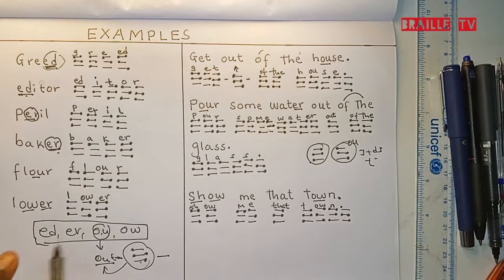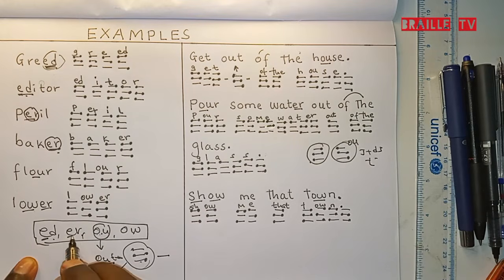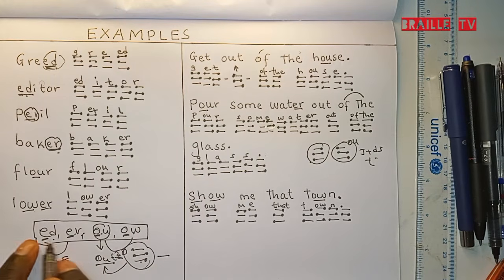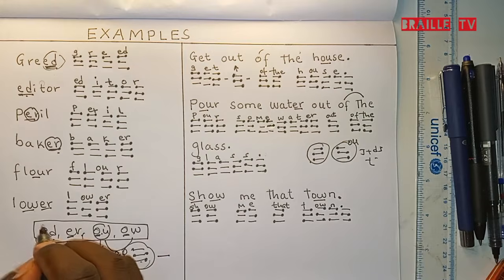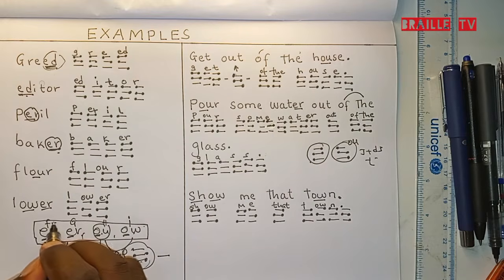So today we have looked at ED, ER, OU, and OW, and we said they are called 2 with E and 2 with O. Because we have E and E, they are called 2E. Then we have O and O, they are called 2O. And we said that to get these four upper group signs, we use letters F, G, H, I, and in each and every letter you add dot 6.